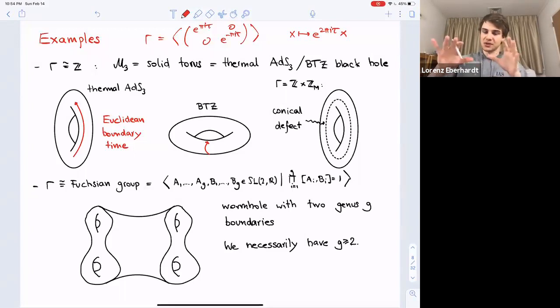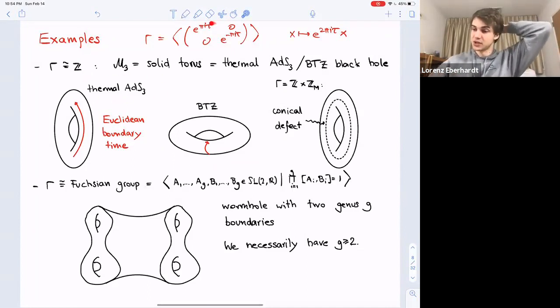That means the boundary now becomes a torus of this orbifold space. Now you just fill in that torus, and that gives you the bulk. Maybe now it's not so hard to believe that you get thermal AdS3. And this tau I chose here is exactly the modular parameter of the boundary.